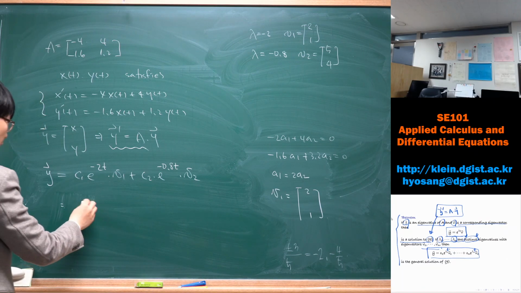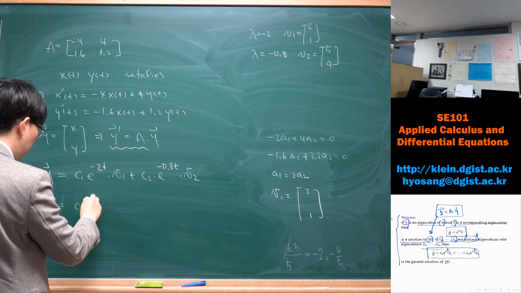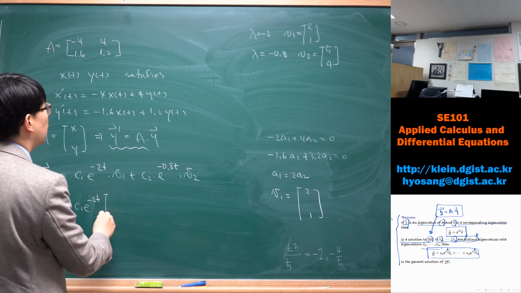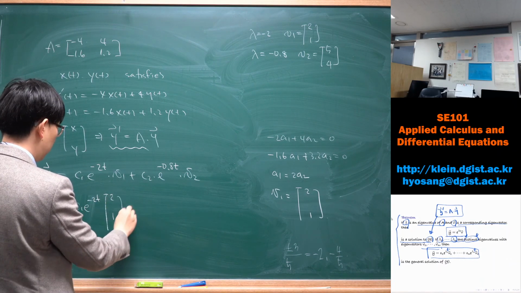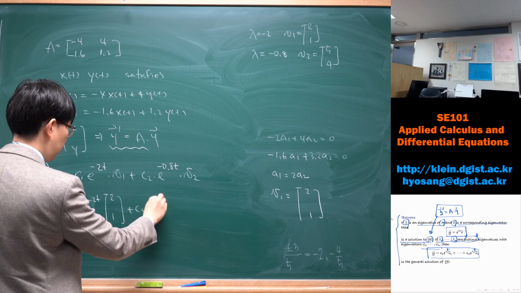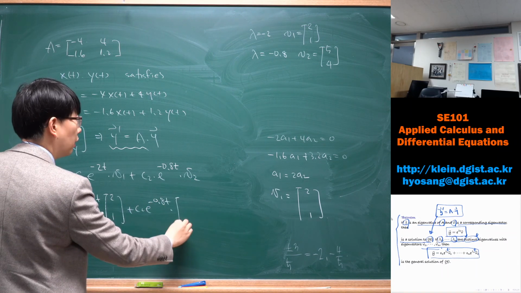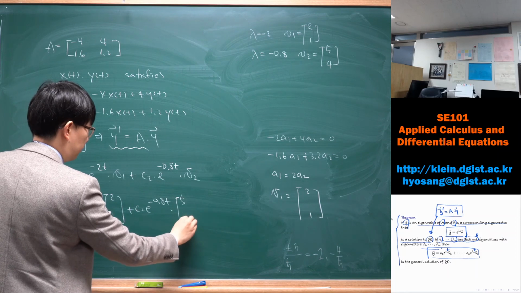So this is c1 e to the negative 2t of 2, 1, and c2 e to the negative 0.8t of 5, 4.